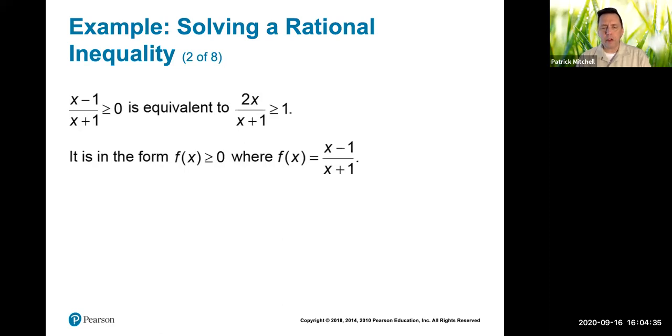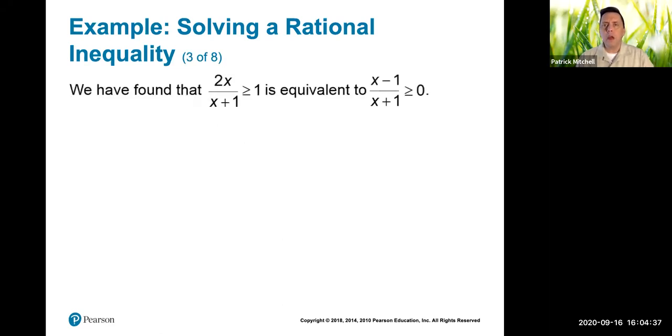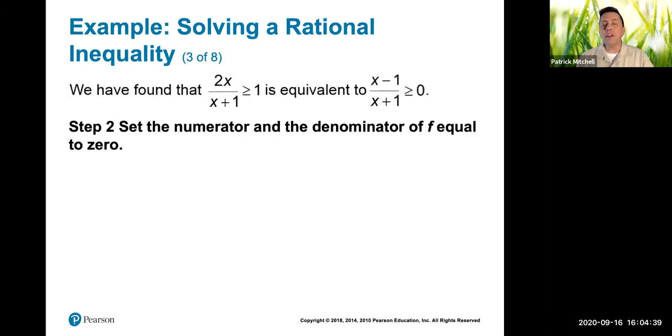Okay, so next thing we're going to do is set the numerator and the denominator of f equal to 0. So just comparing their steps to my steps, the denominator is going to tell you where the expression is undefined. So that's what I was describing in my step 1.